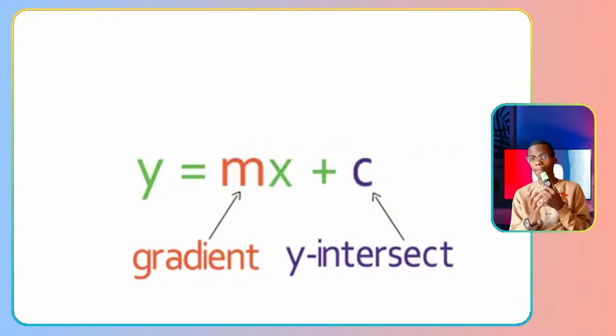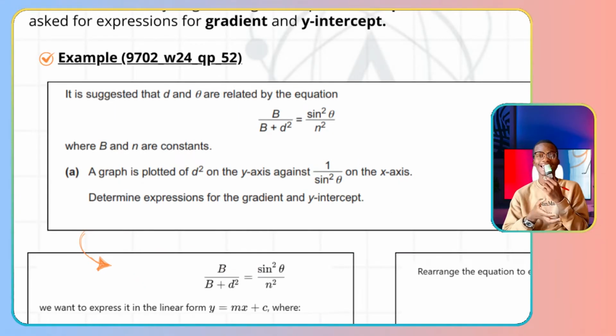So your goal is to make whatever is supposed to be on the y-axis the subject of the formula. How can I use mathematics to make sure that d squared is on the left hand side? That is the y variable we have to work with here.